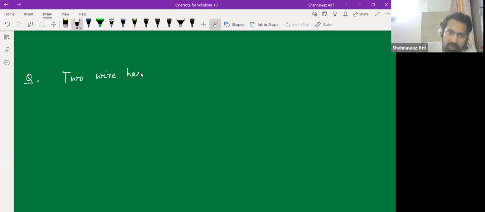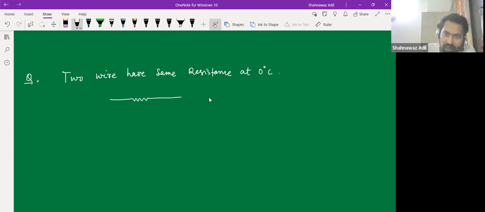Two wires that have the same resistance at 0 degree. So you have this wire and this other wire.